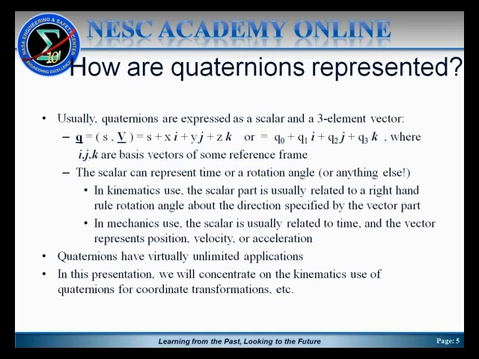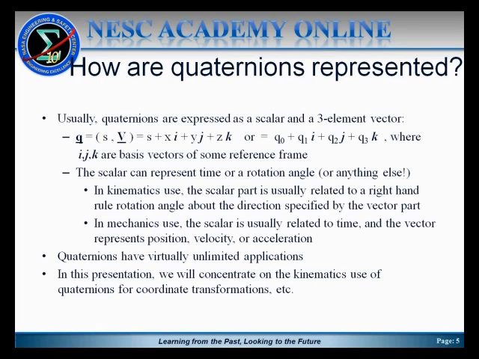Or it can be represented as an algebraic expression: a scalar S plus a component X times the basis vector I, plus a component Y times the basis vector J, plus a component Z times the basis vector K, where I, J, and K are the basis vectors of some reference frame, and X, Y, and Z are the components of the vector V in that frame.